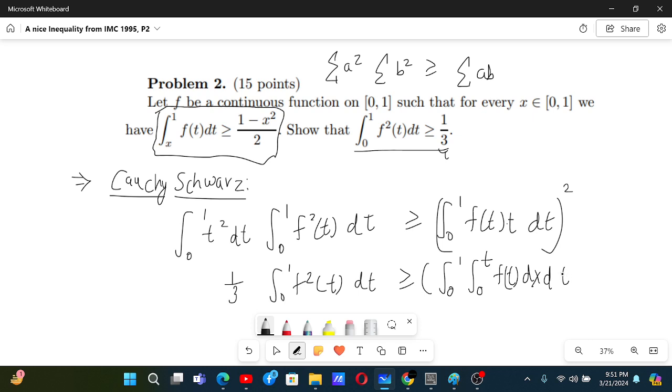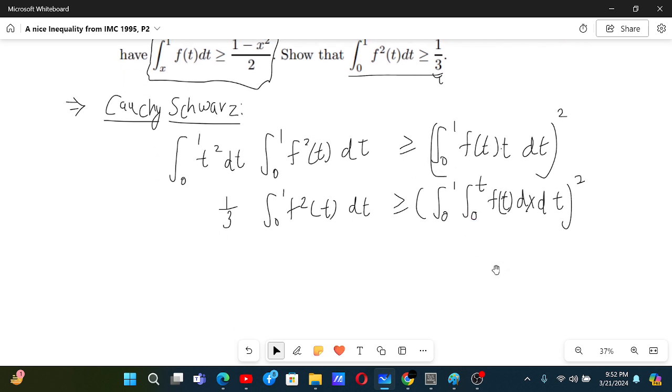What I'm trying to do is use this t to convert to a double integral. Here x goes from 0 to t, and this is constant, so t minus 0 gives this thing. Now if I reverse the limits of integration, this will go from x to 1. You will see that, and that will help.